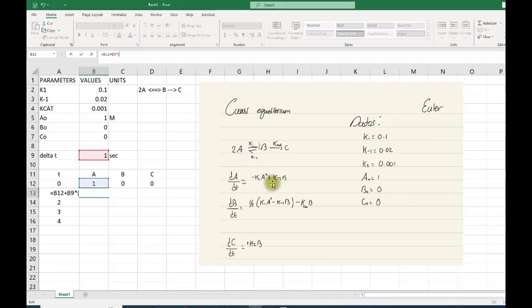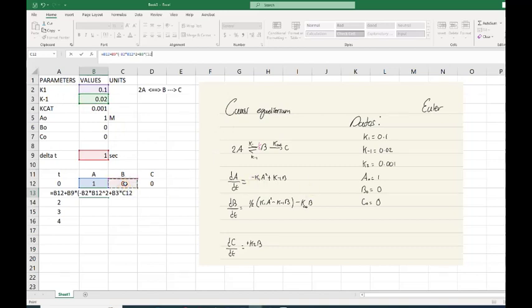In this case it is minus k1 times A squared. Now the A is not from here, but remember that A is the old value, so you pick it from here. That has to be squared according to the equation, plus k minus 1, that's this value here, times B, which also comes from here.